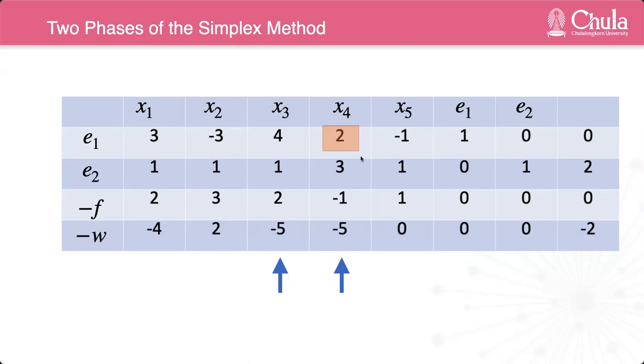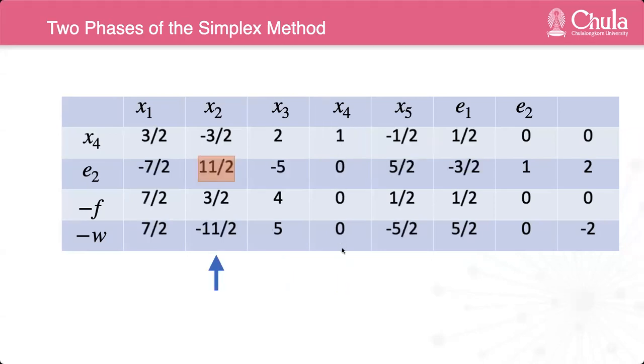Of course, you can choose x3 instead of x4, but in my case, I choose x4. So we have to transform this table such that we have this column as 1, 0, 0, 0.